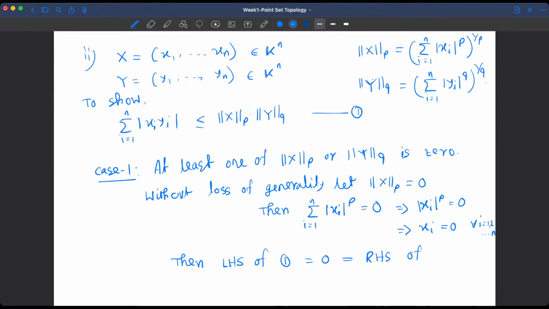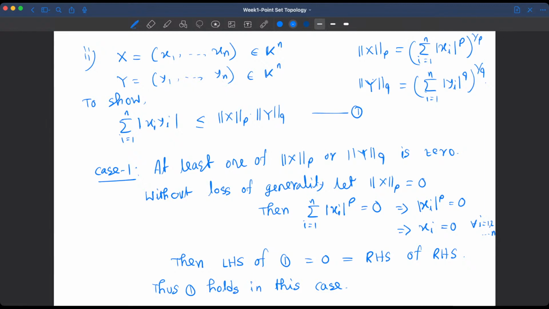So the inequality holds in this case. Similarly we could have assumed y is 0, the same thing. That's why I said without loss of generality.